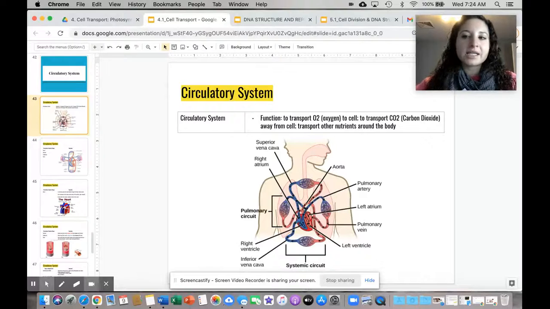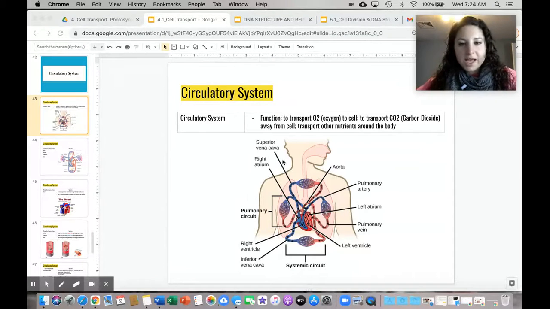If we go back to the digestive system, once those nutrients are absorbed from the villi, you're going to have blood vessels surrounding the villi, and that's how some of the nutrients are transported in your body to where they need to go in order to help you function.